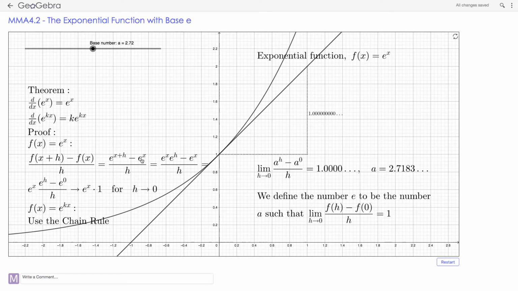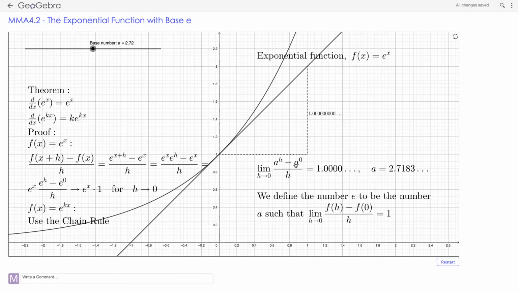And this is not changed. But now we have a fraction where everything on top is multiplied by e to the power x. So we can pull that outside in front. We do that, and then we're left with just e to the power h minus e to the power 0. As I've said several times, any number to the power 0 is 1. So this is e to the power h minus 1.